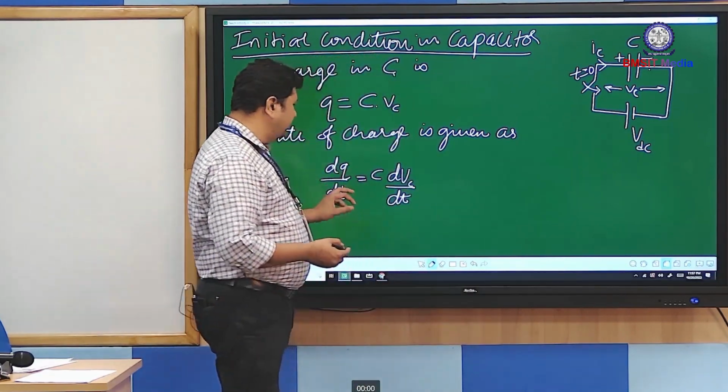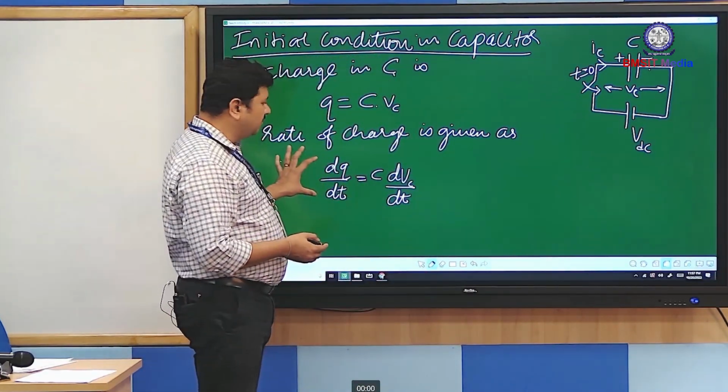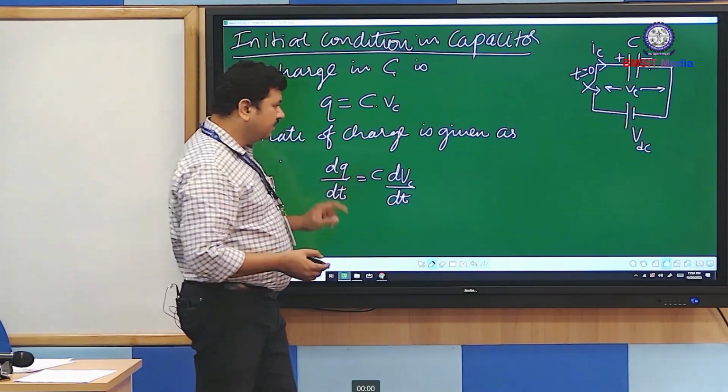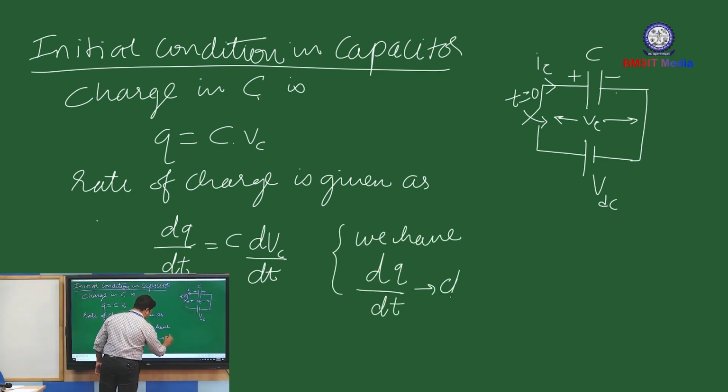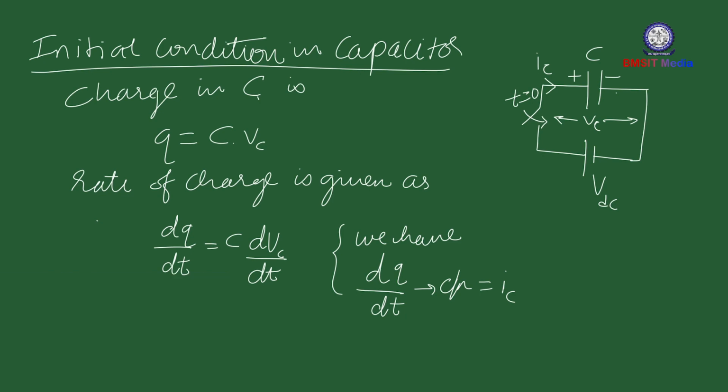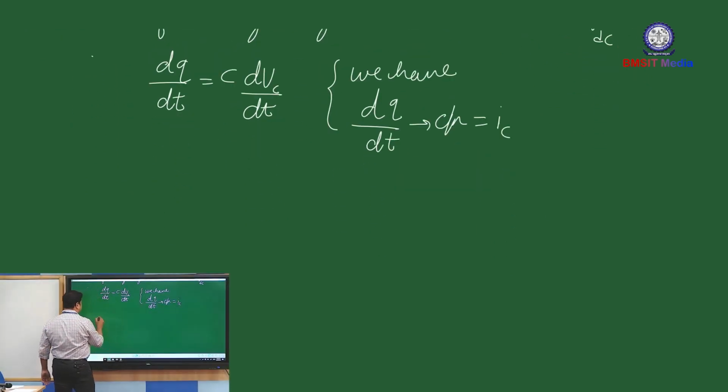Now what is dq by dt? It is nothing but the rate of flow of charge, which is the current. Here I will take IC for the capacitor.